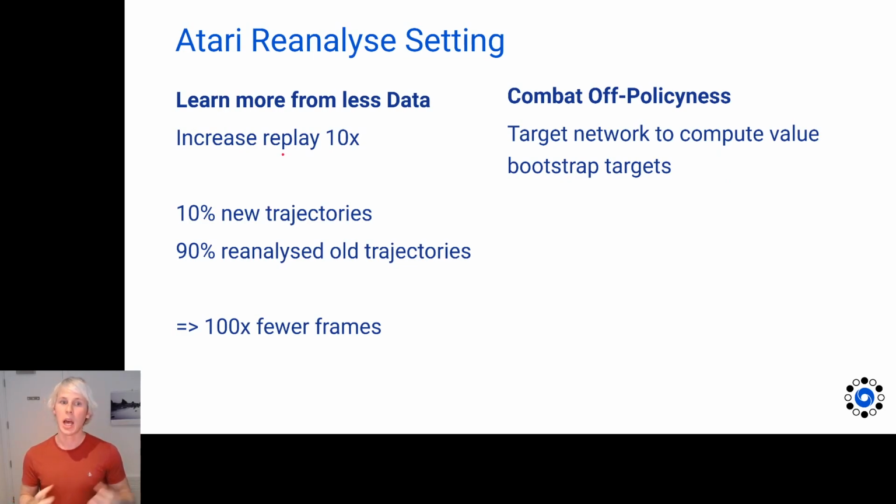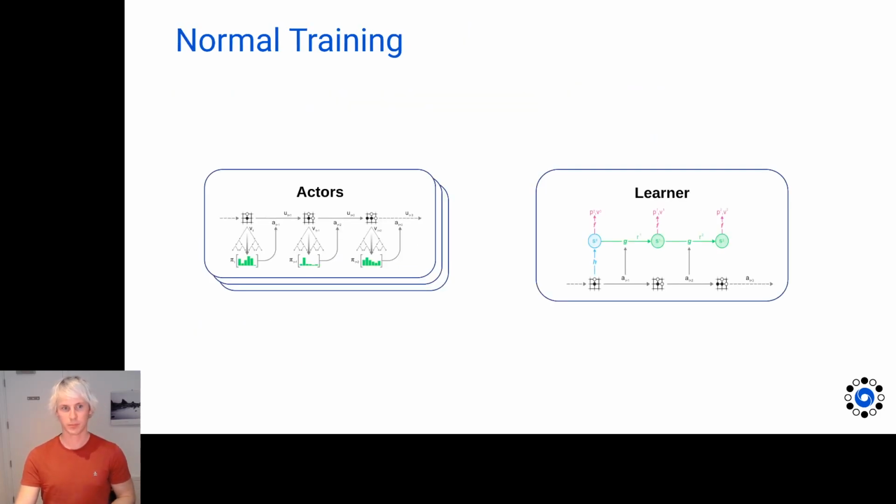Replay meaning how many times do we sample training data inside our learner. And additionally, we used the reanalyze mechanism I just explained to generate 90% of search statistics, and only 10% were interactions with the real environment, generating fresh trajectories. And combining these two mechanisms, we could reduce our data consumptions by 100x, going from 20 billion to 2 million frames.